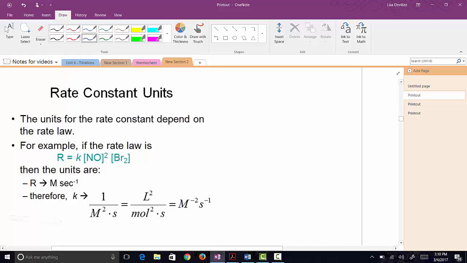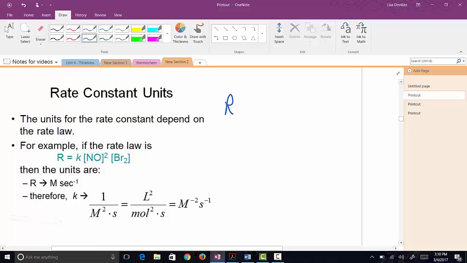So here, we're using the rate law from before. And one of the things to note is that the units for the rate constant vary.